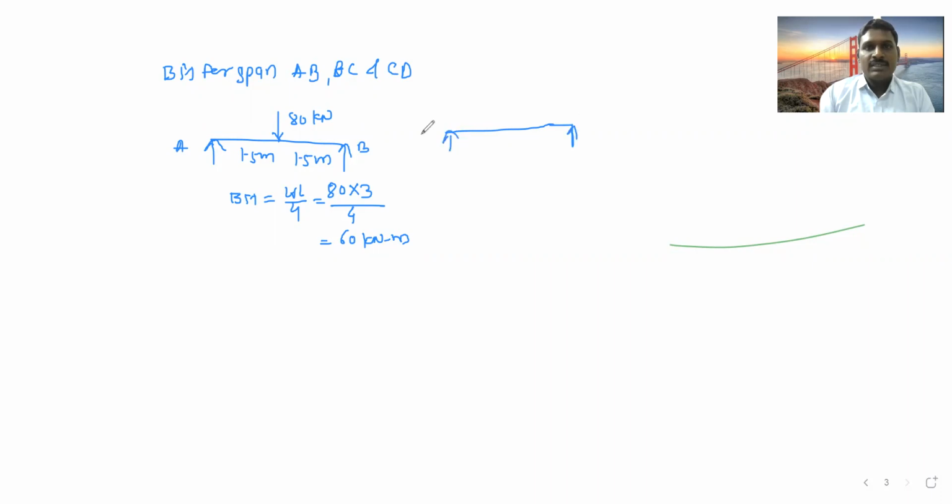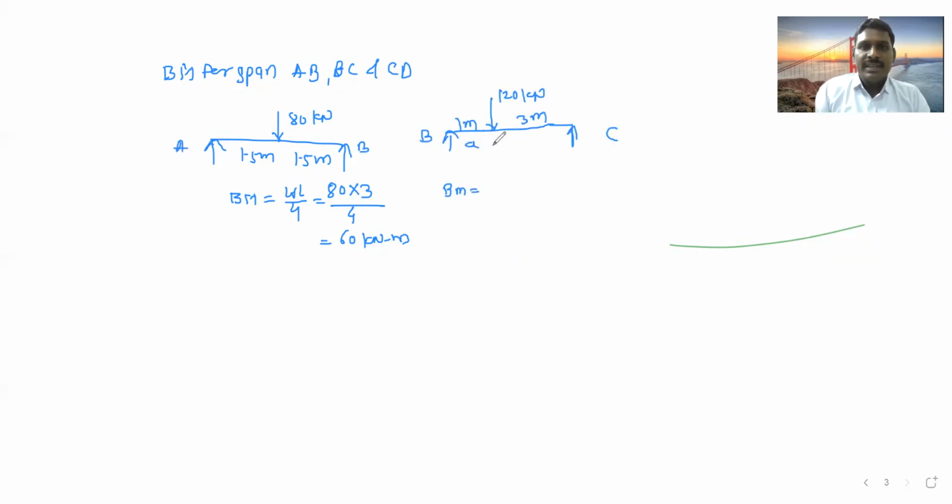Again, we consider span BC. A 120 kilonewton load is there, 1 meter from the B support and 3 meter from the C support. So calculate the bending moment.